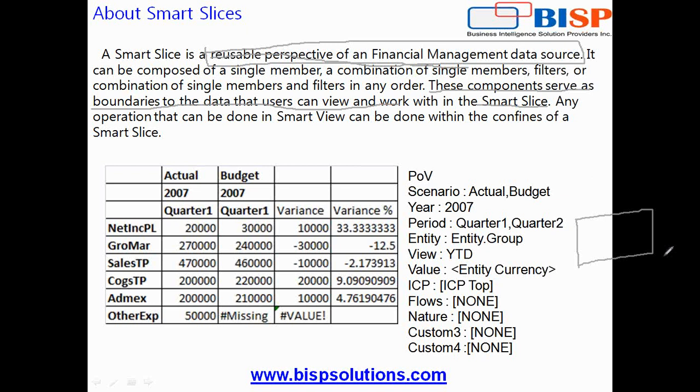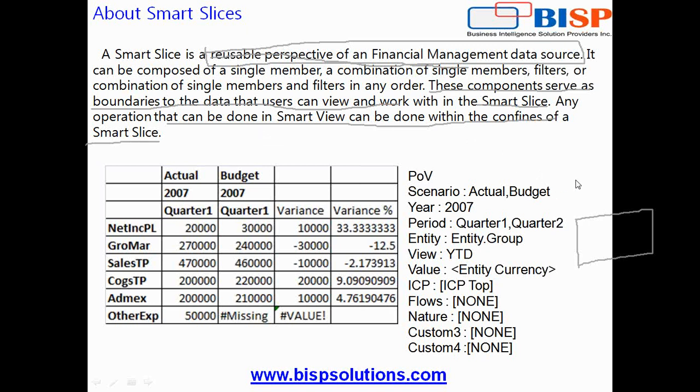This is also a way you can implement security, so the user can access data only within the given boundaries. Any operation that can be performed in Smart View is confined to your SmartSlice only. You can further do ad hoc analysis or freeform analysis, but it limits data to the given SmartSlice only.